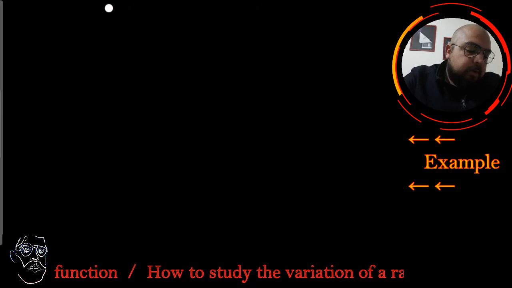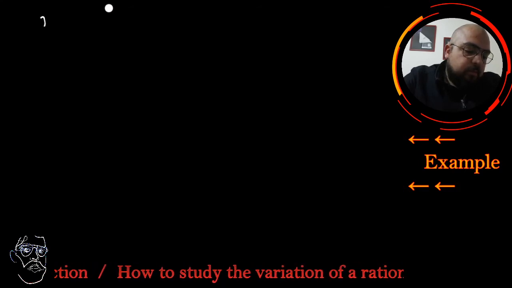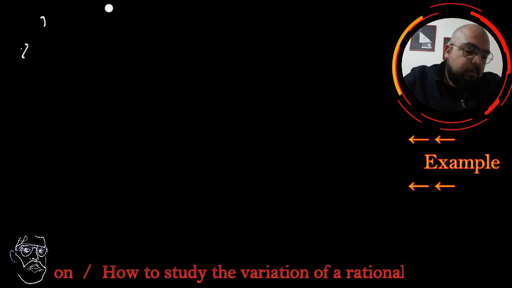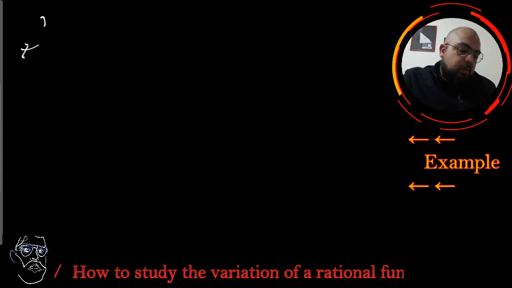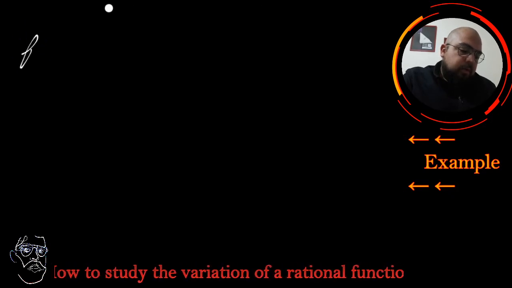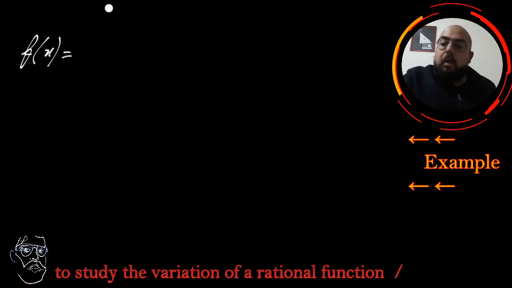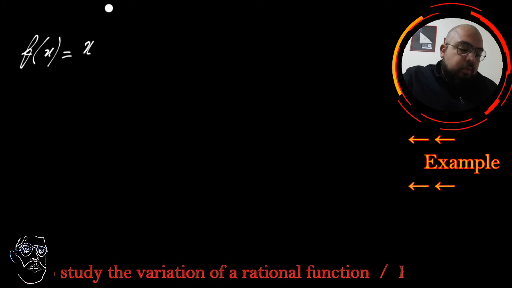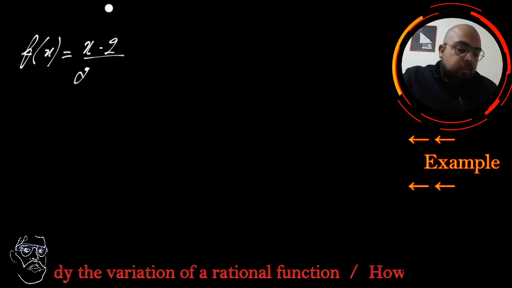My function is f of x is equal to x minus 2 over 2x plus 2.